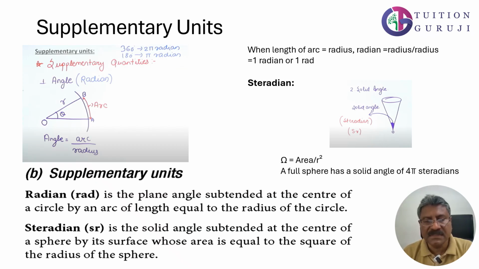The supplementary unit radian is the plane angle subtended at the center of a circle by an arc of length equal to the radius of the circle. Just now I explained. Then 1 steradian is the solid angle subtended at the center of the sphere by its surface whose area is equal to the square of the radius of the sphere.